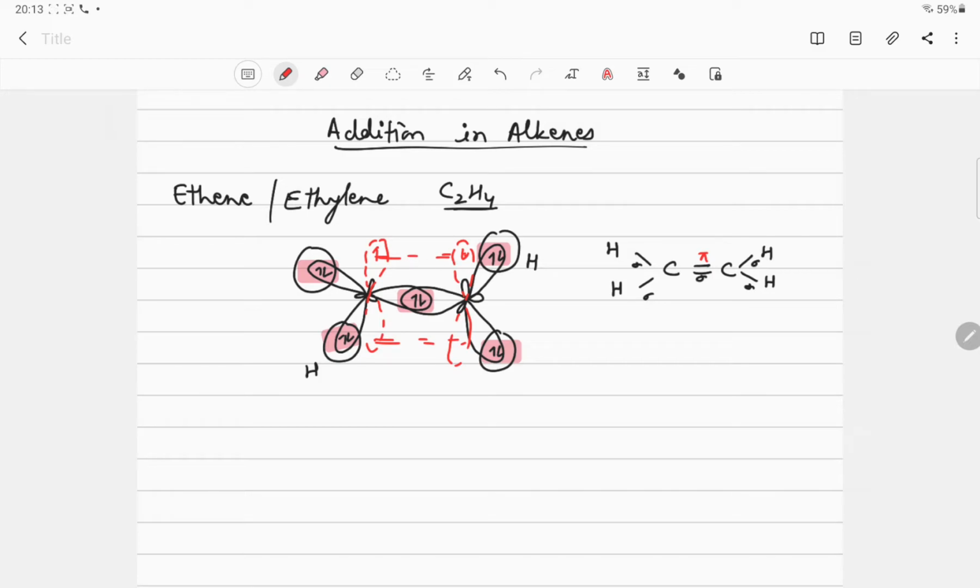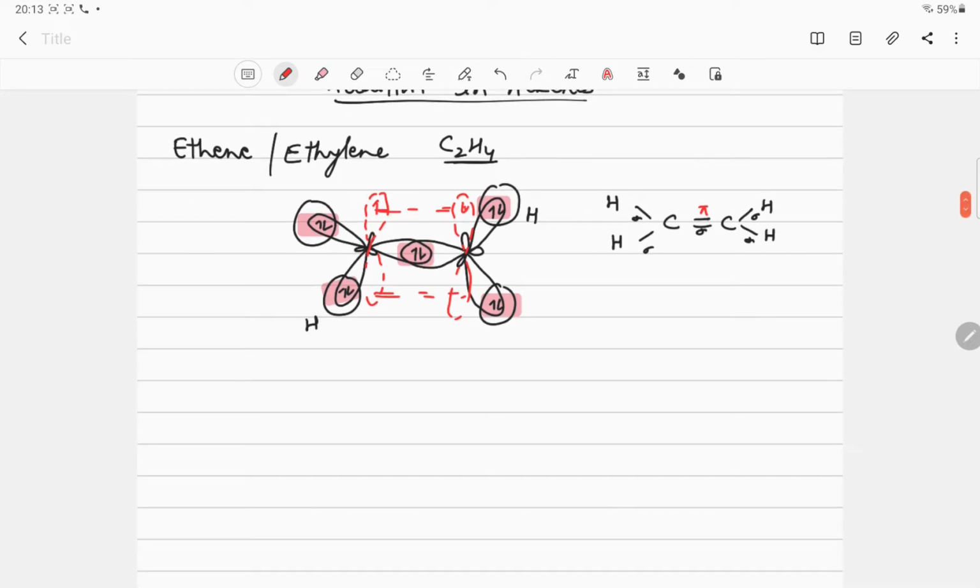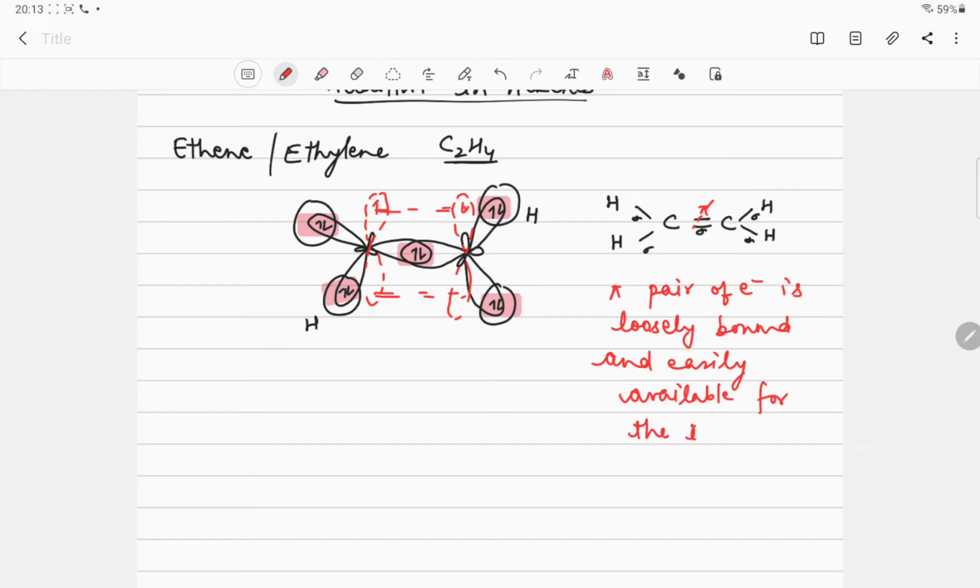Now because this sideways overlapping is very less, the extent of overlapping is very less, that is why this pi bond is a weak bond which can easily be broken, and when this bond is broken, a pair of electrons will be free. The pi pair of electrons is loosely bound and easily available for the incoming electrophile.